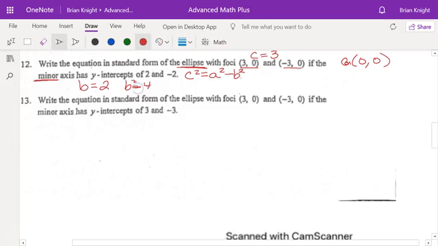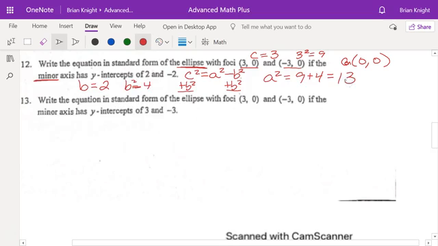And then C squared is 9. So A squared is just going to move the B squared over, right? So it's C squared plus B squared. Well, C squared is 9, so we're going to have 9 plus 4. What is A squared? 13.